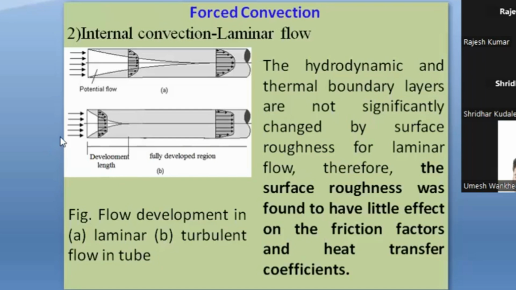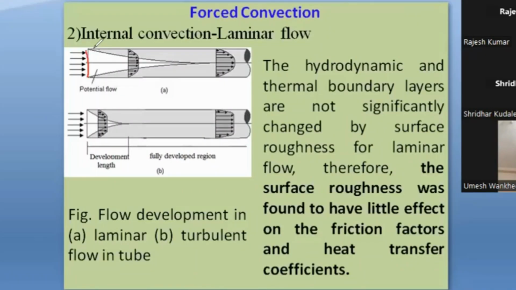Now we can see here, when flow enters the tube, what happens to its velocity profile? Here at the inlet, I will just switch on the marker.